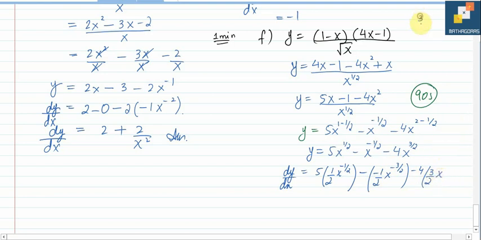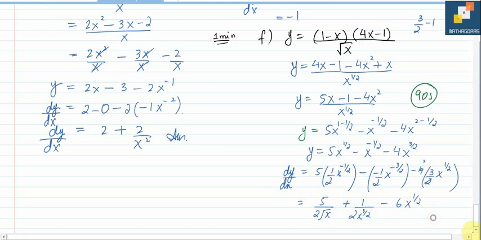So 3 upon 2 minus 1 will be 1 upon 2. Alright, now we can simply multiply. So that will be 5 divided by 2 under root x, minus minus plus 1 divided by 2x power 3 divided by 2, minus 2 ones are 2, 2 twos are 4, 2 threes are 6 x power 1 divided by 2.